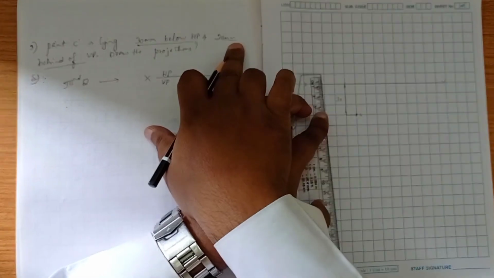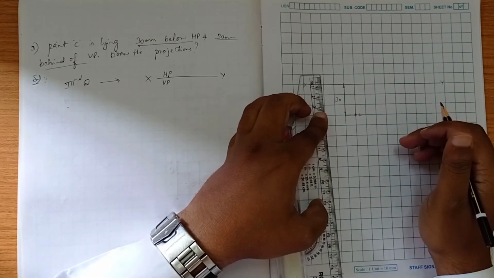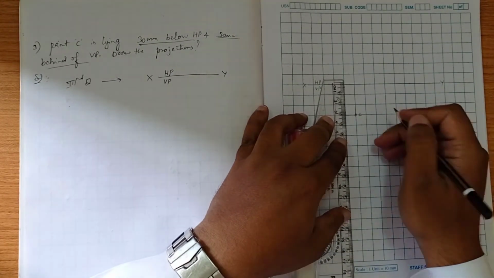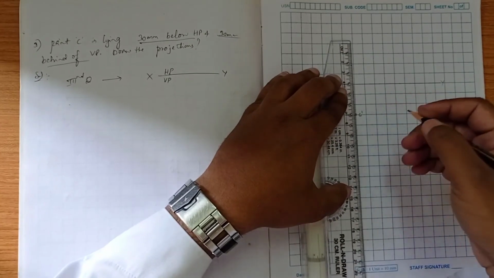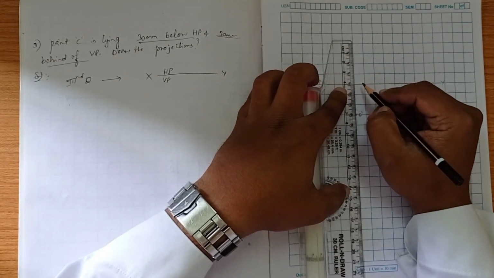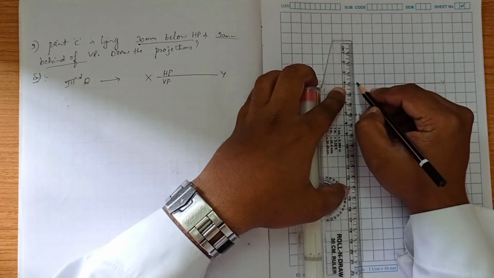Now we similarly write 30 mm behind of VP. Behind of VP means it is top view, correct? So again a 30 mm line. We know the top view will be drawn in the horizontal plane.